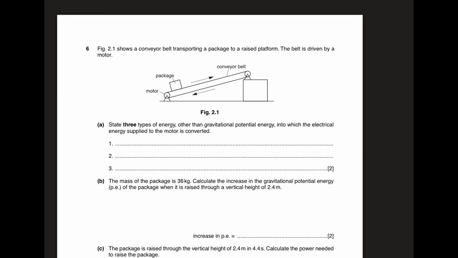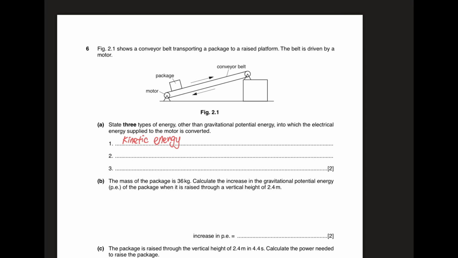Okay, kinetic energy, which is correct because it's moving. So kinetic energy. Mechanical energy is the same as kinetic energy, so once you say kinetic energy, you can't say mechanical energy anymore.